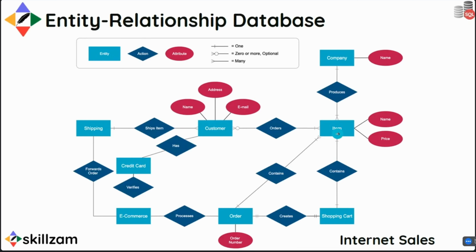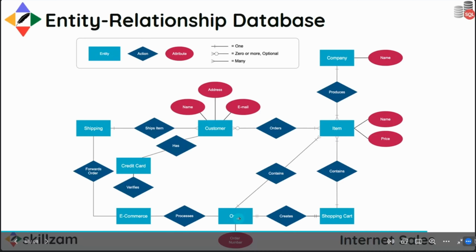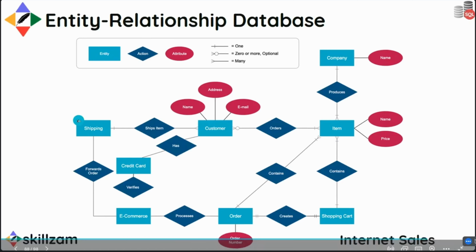Again, there is an item. Item is an entity, it contains a name and a price. The company is an entity, it contains a company name. And there is an order. The order entity contains an attribute called order number. Customer orders the items. This is the relationship, so this is an action.